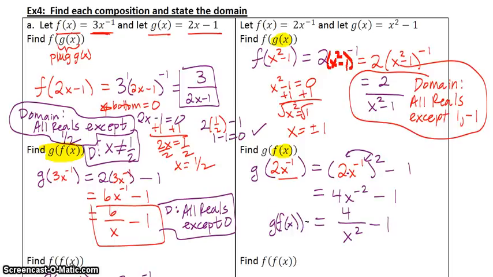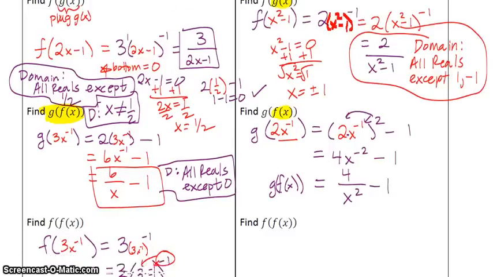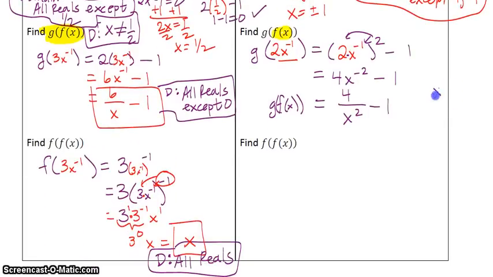For my domain this time, again I'm thinking about what I can't have, and I can't have x squared equals 0. Solve it. Okay, this time I just can't have 0, so the domain is all reals except 0.